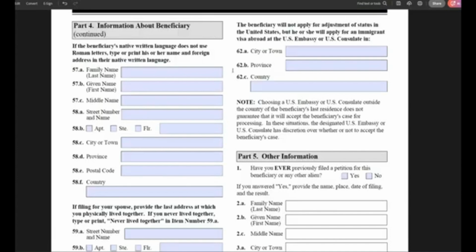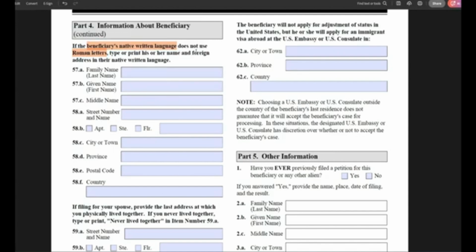Moving on, information about beneficiary in their native written language. You only need to provide this if your beneficiary's native language doesn't include Roman letters. Roman letters are English letters, like in Europe or a Latin American or Central American country. In that case, you can skip this whole section.